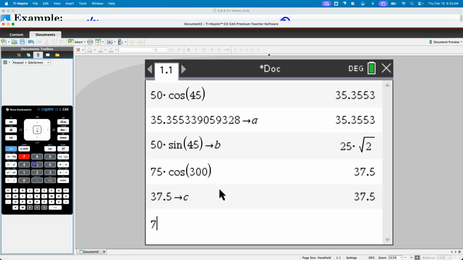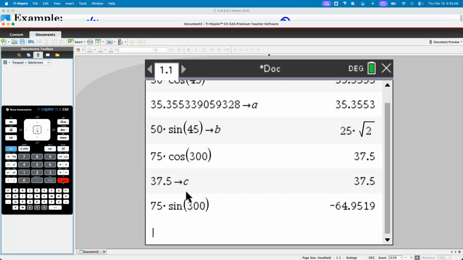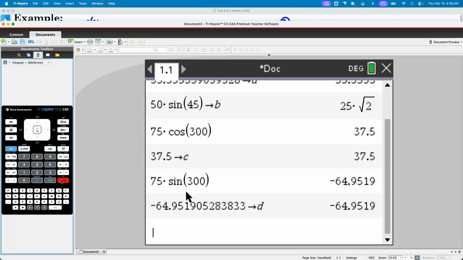Then we've got 75 sine of 300. Store that as D. Negative 64.952.